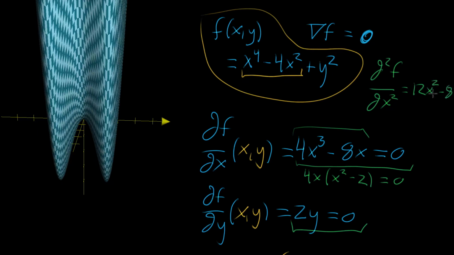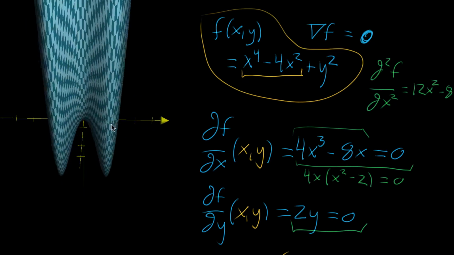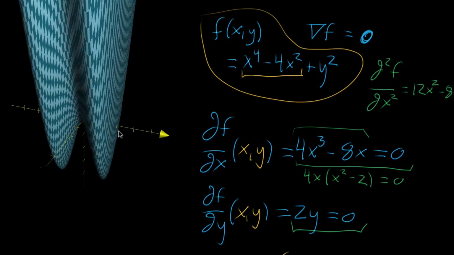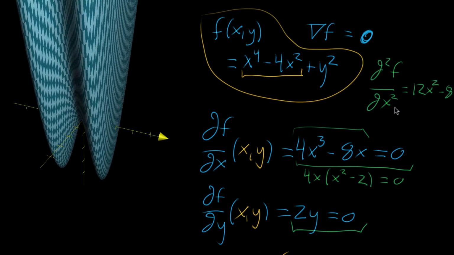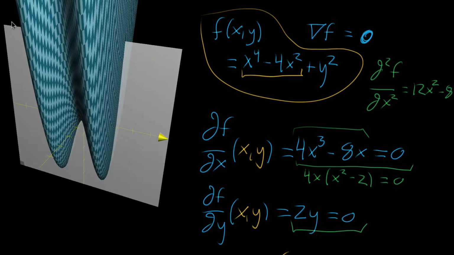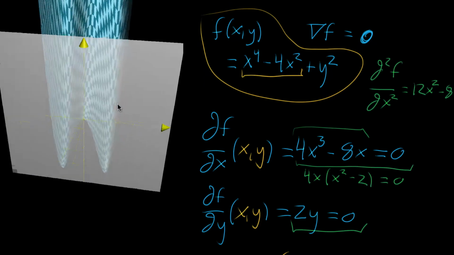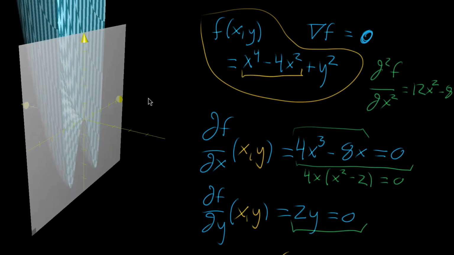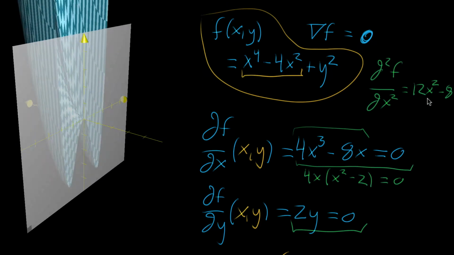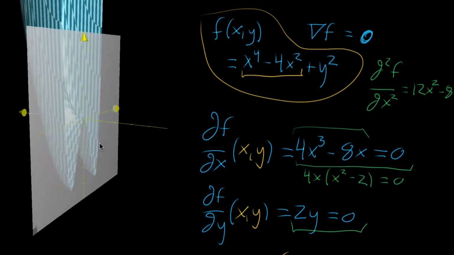What this means in terms of the graph is that if we move purely in the x direction, which means we cut it with a plane representing a constant y value, and we look at the slice of the graph itself, this expression will tell us the concavity at every given point.